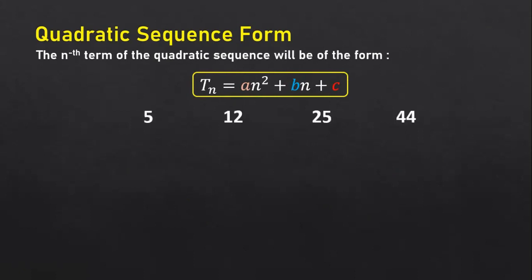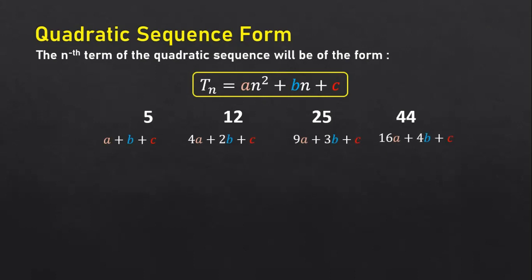From this sequence, 5, 12, 25, and 44, we got for the first term a plus b plus c, for the second term 4a plus 2b plus c, for the third term 9a plus 3b plus c, and for the fourth term 16a plus 4b plus c.